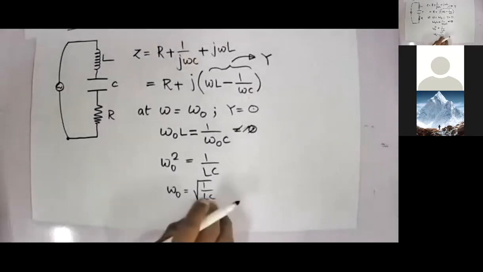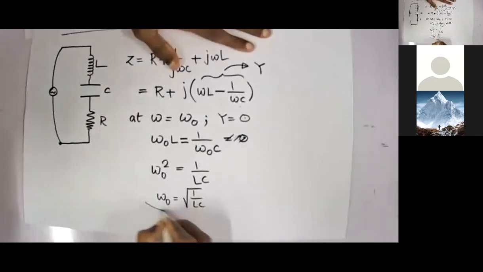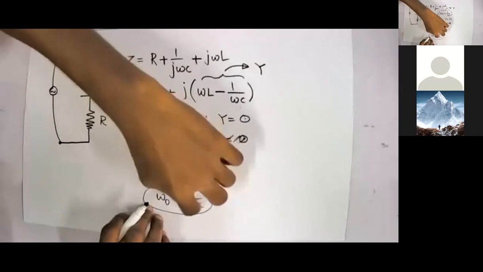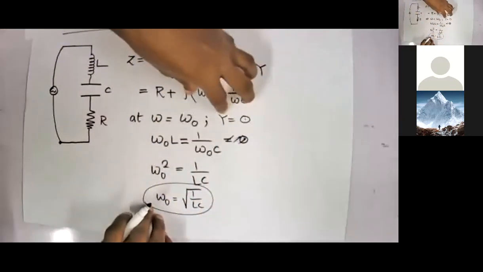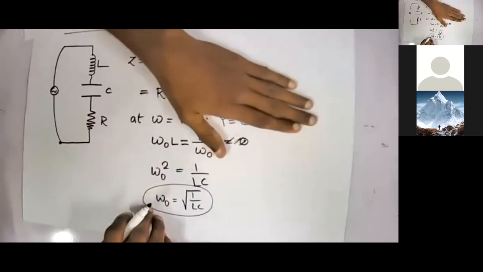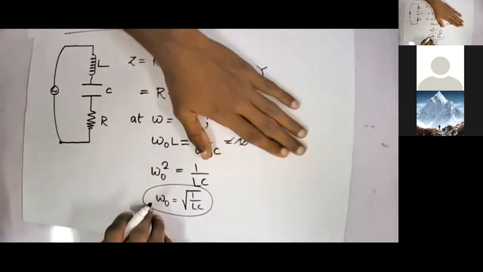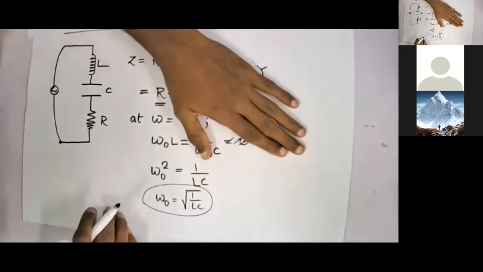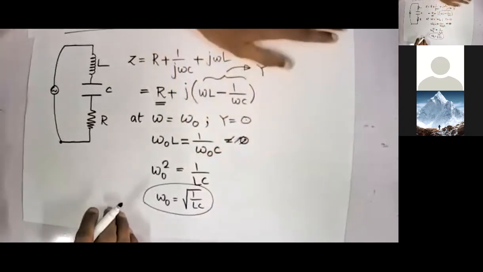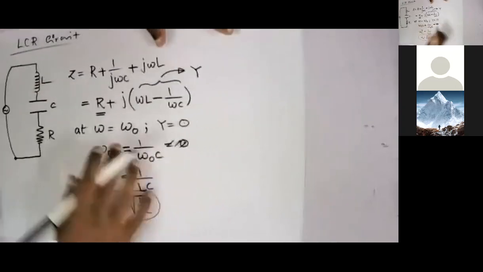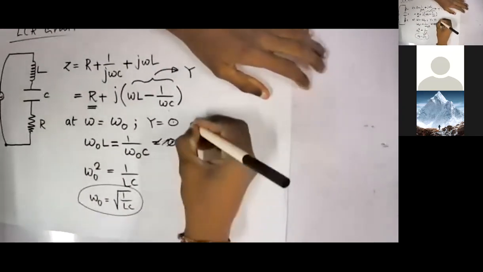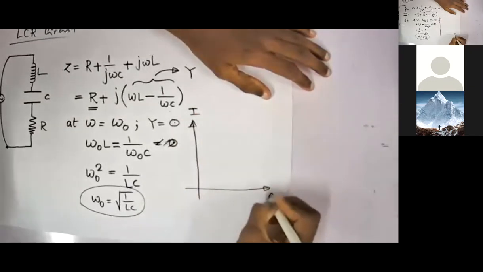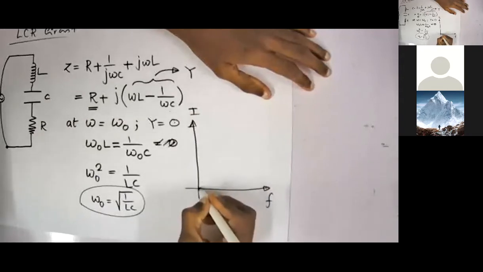Right, when your frequency omega equals the square root of 1 over LC, your imaginary part becomes 0 and the total impedance is going to be only the resistor. Hence, if you draw the frequency versus magnitude current curve, I versus F, it will be something like this.